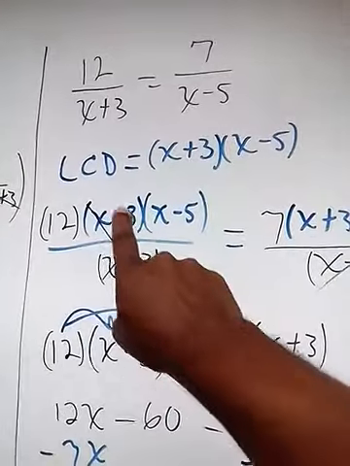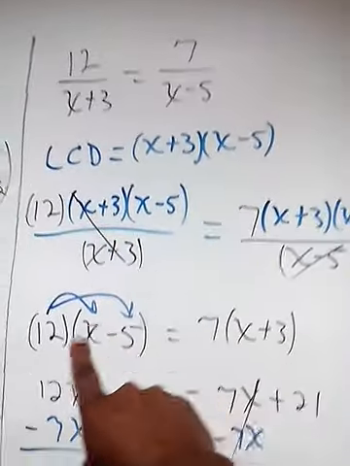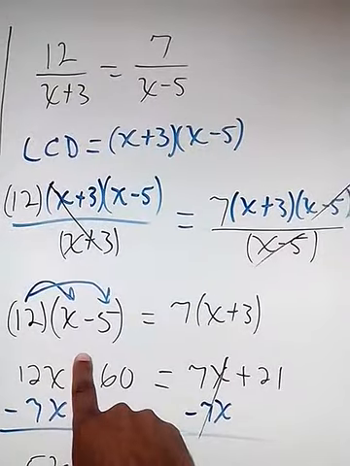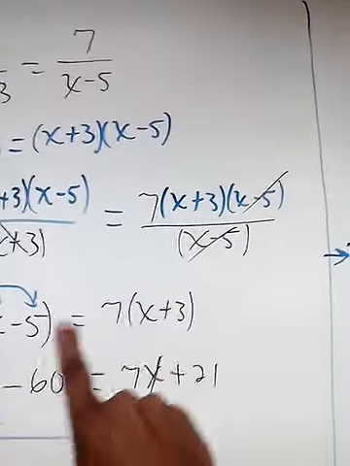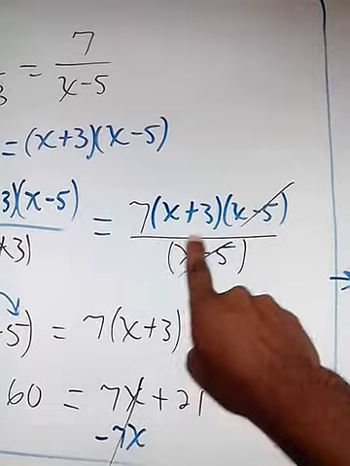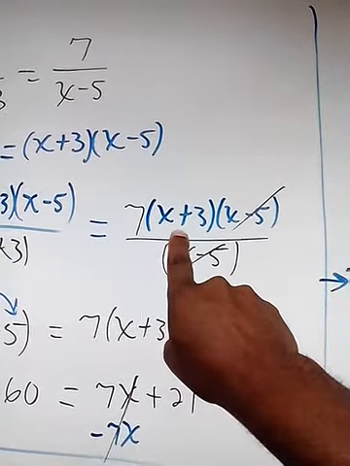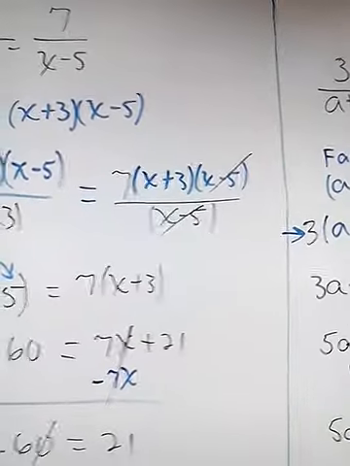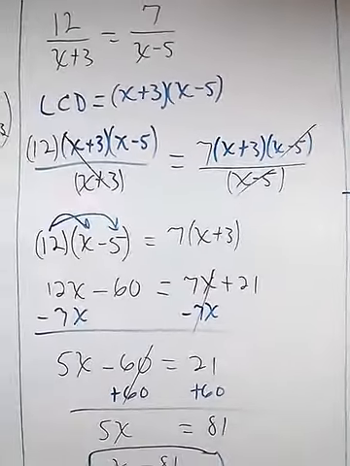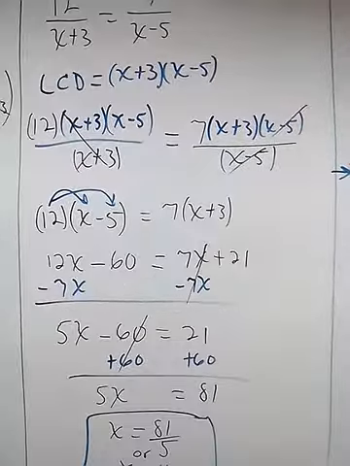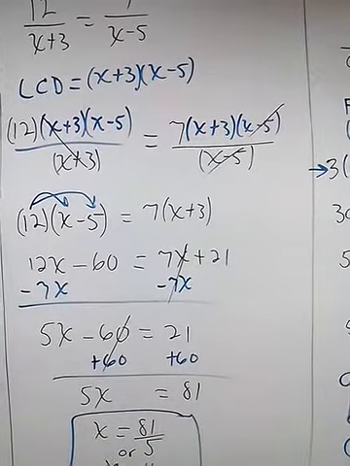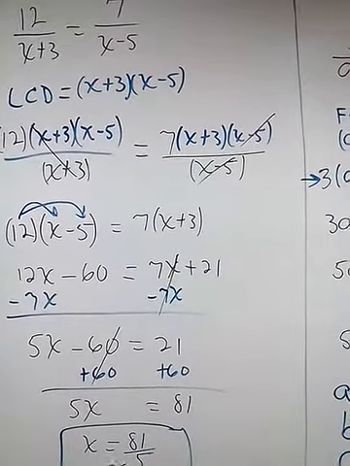We get the x plus 3 to cancel over here, leaving us with 12 times x minus 5. And then on this side, we get the x minus 5 to cancel out, leaving us with x plus 3 times 7. So 12 times x minus 5 is equal to 7 times x plus 3.